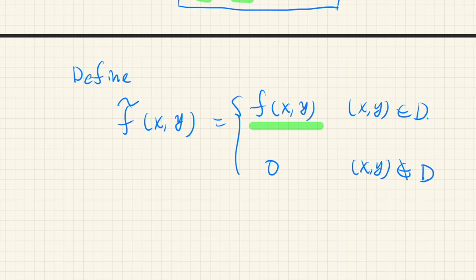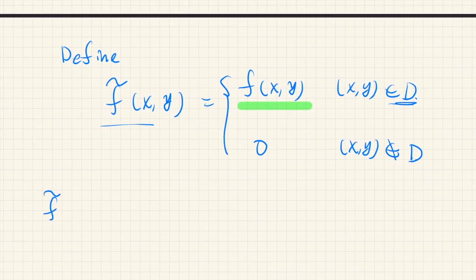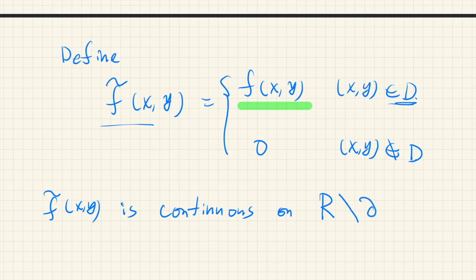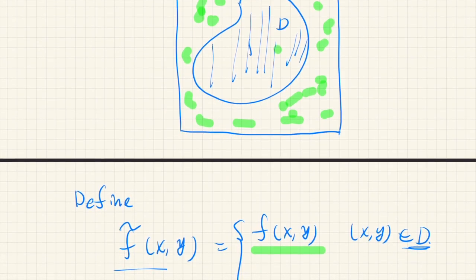Now, by assumption, f of x, y is continuous on D, therefore f tilde is also continuous on D. That is, f tilde of x, y is continuous on R except for the boundary of D. And f tilde is, of course, continuous outside of D, so forget about D and its boundary, because it's always 0 everywhere, so it's continuous.